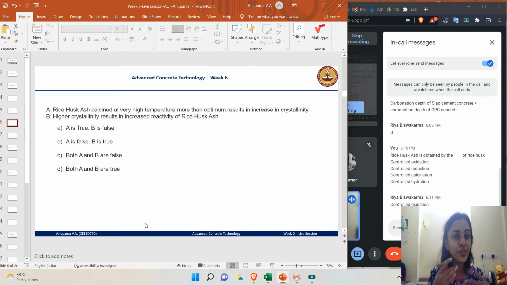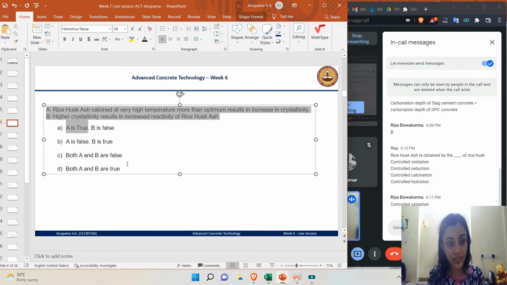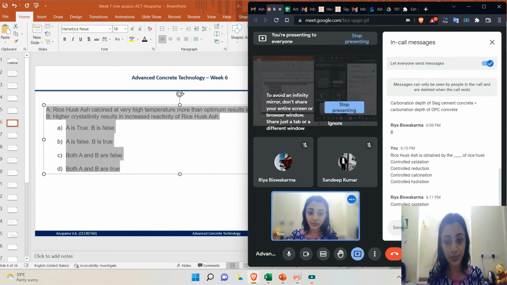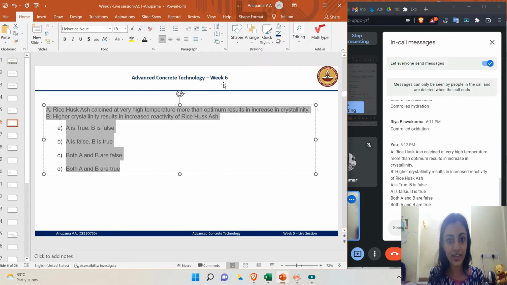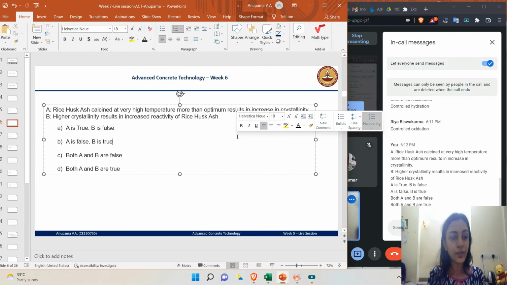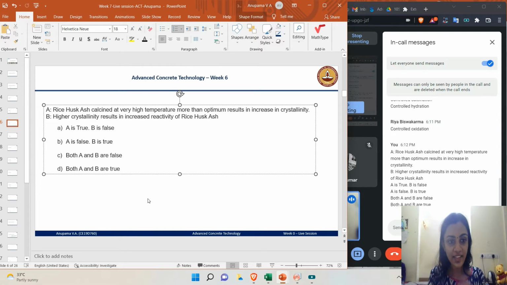Here we have two statements, and based on those two statements, you have to choose the correct option. Statement A: rice husk ash calcined at a very high temperature, more than optimum, results in an increase in crystallinity.